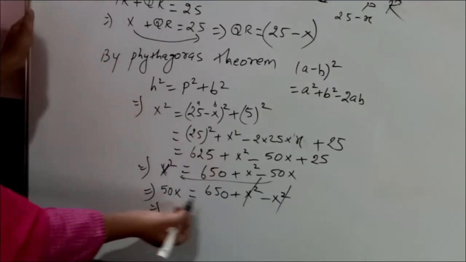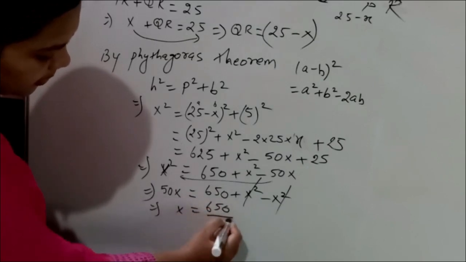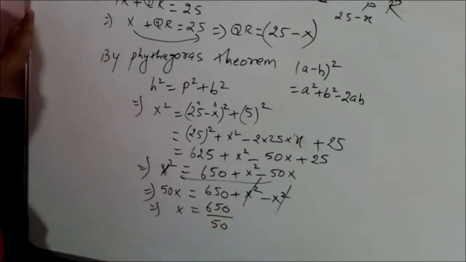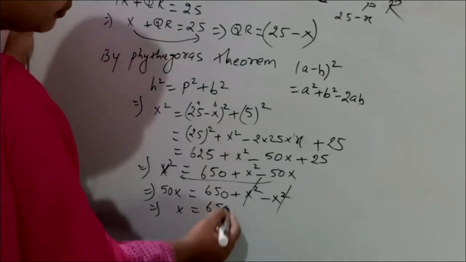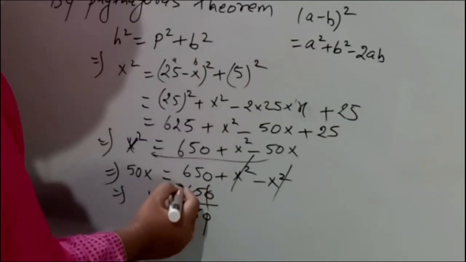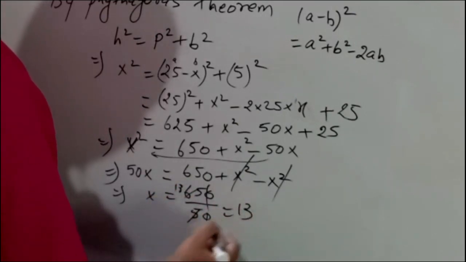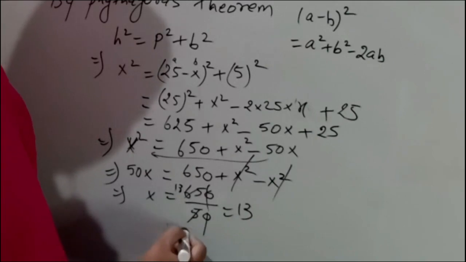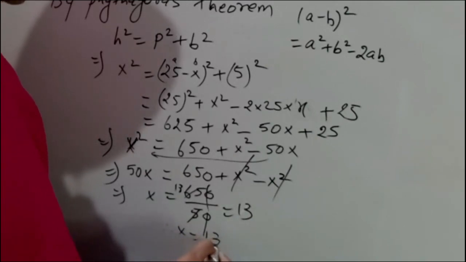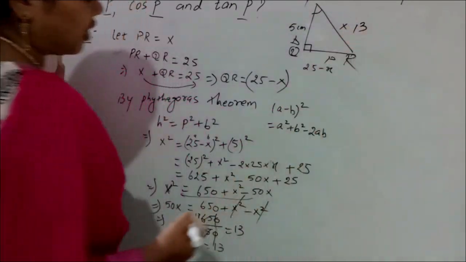What is left? 50x equal to 650. x equal to 650 by 50, cancel, 13. Therefore x equal to 13.